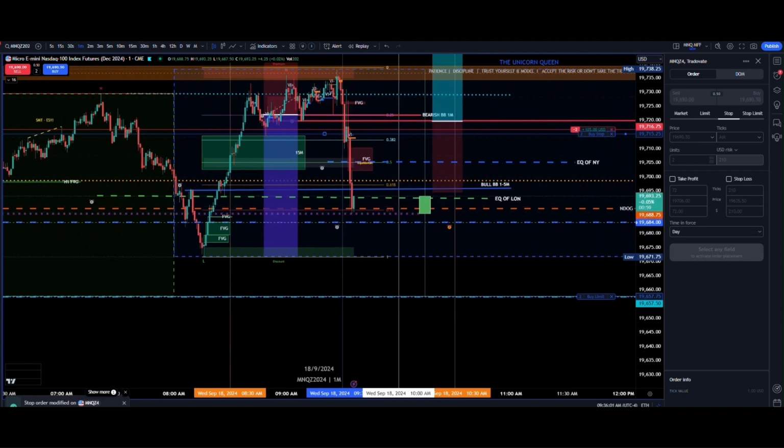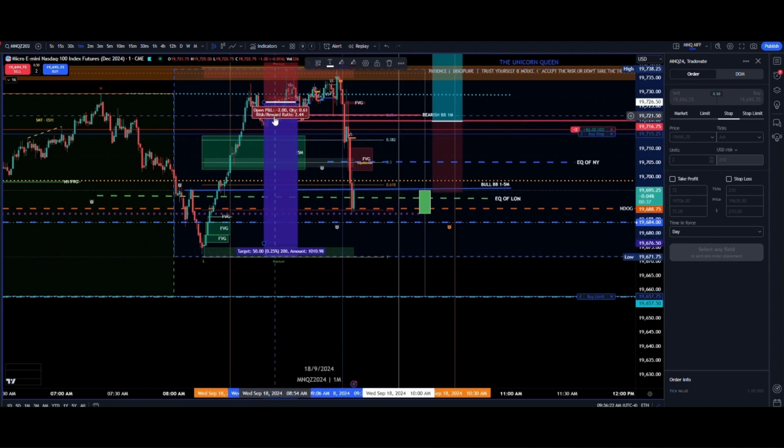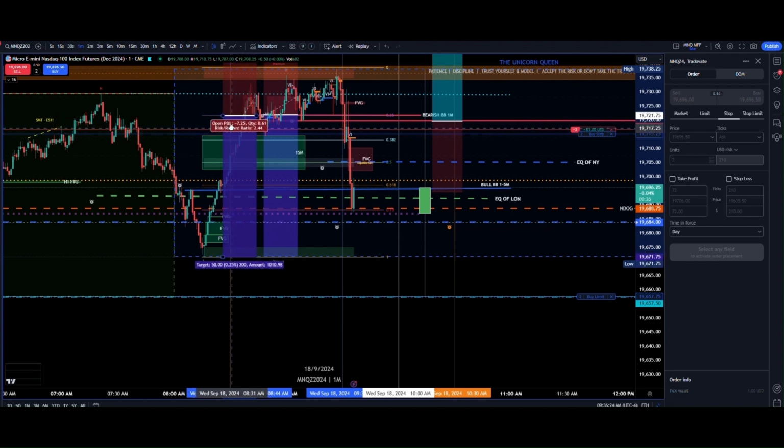So those 5 contracts were hit, and I moved my stop loss to break even in profit just to cover the fees if price comes back up. But I see price pushing up and rejecting heavily. So you'll see once it does that, you can always add more.